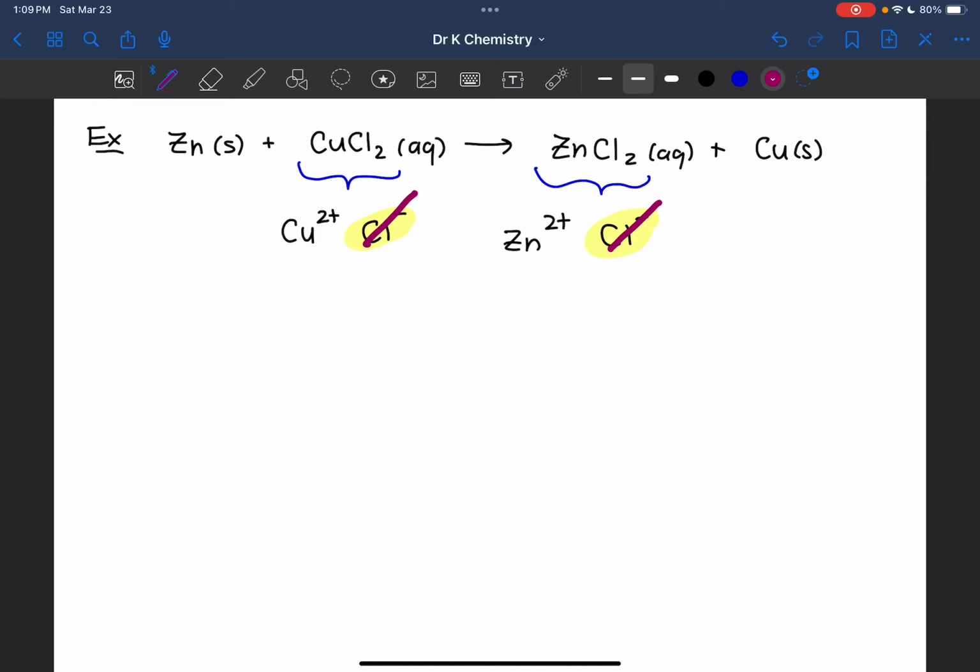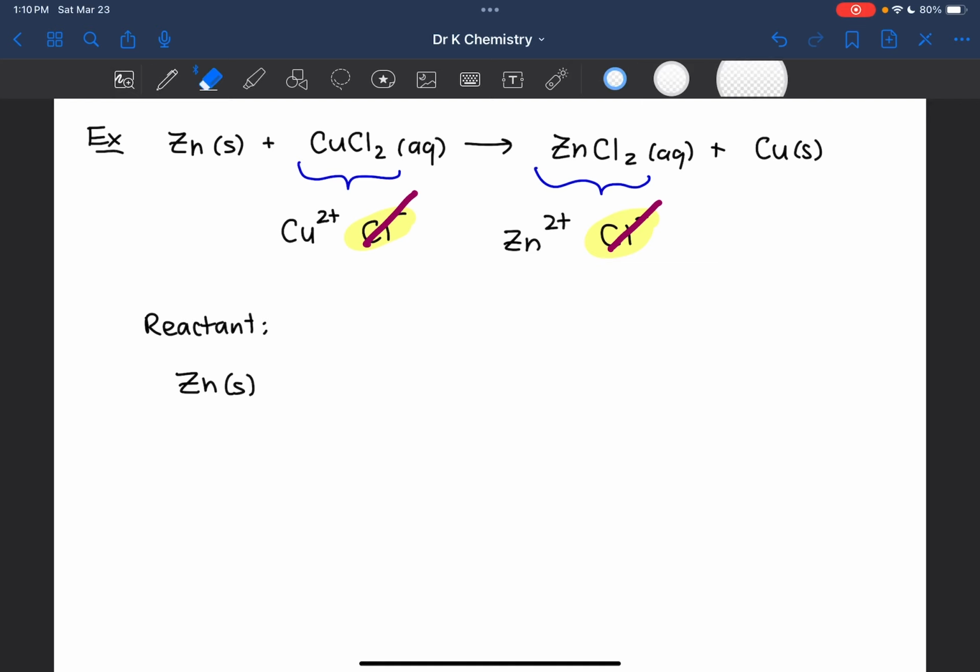What is changing is the zinc and the copper. On the left side of the equation, we are starting off with zinc in its elemental form. So I'm going to write a separate equation for what happens to zinc and another one for what happens to copper. So for zinc, on the reactant side, we have zinc in its elemental form, solid zinc.